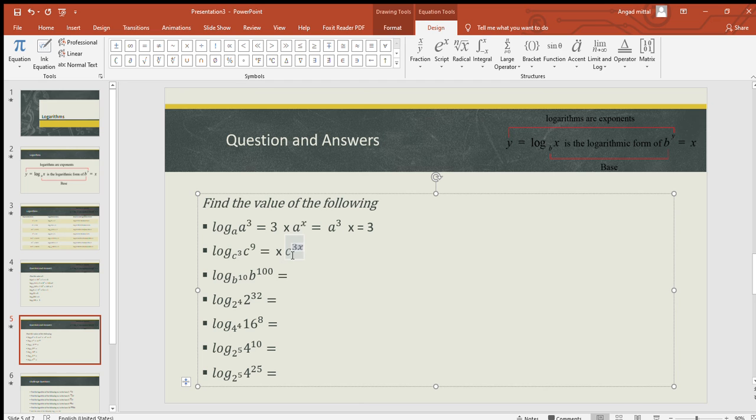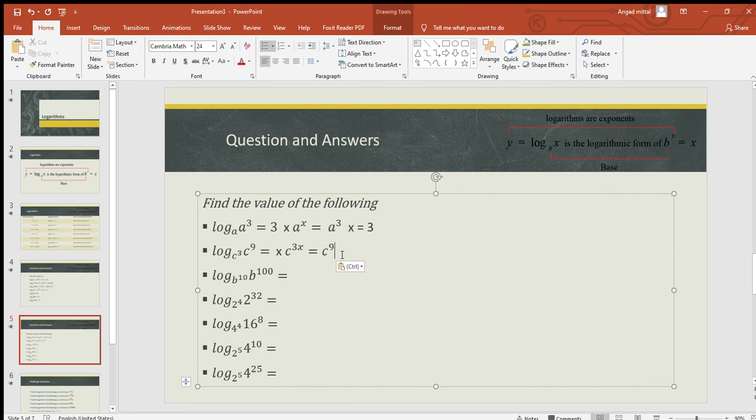So now c raised to the power 3x is equal to c raised to the power 9. Now, as the bases on both sides are the same, you can drop the bases and it becomes 3x is equal to 9. And on transposing 3 to the other side, x is equal to 9 divided by 3, x is equal to 3. Therefore, the answer will be 3.